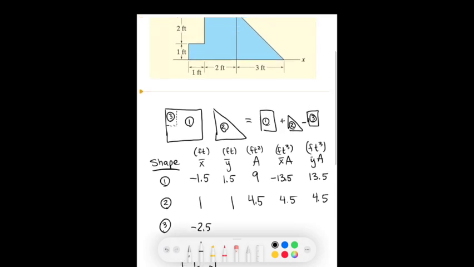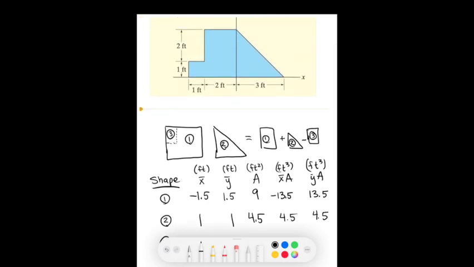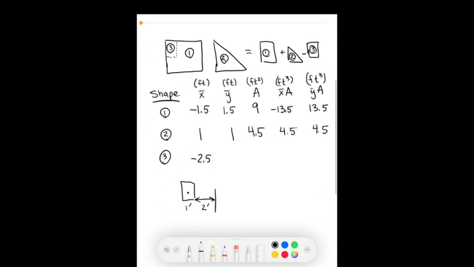And for the y, we go up 1 foot and then up another foot, making the y centroid 2. Now the area, remember, is 1 times 2, so it's 2, but it's negative. It's a hole, so it's negative 2 square feet. Then we take the product of these. So we have a negative times a negative, which is a positive, 5. And then here we have a negative 4.